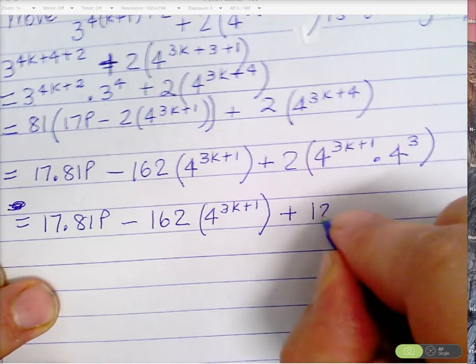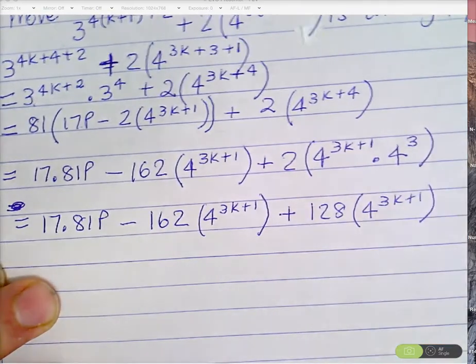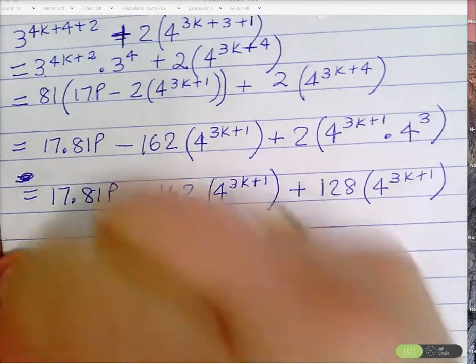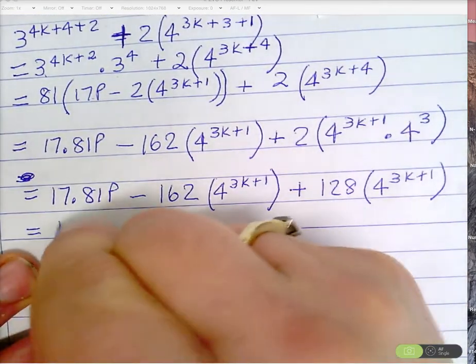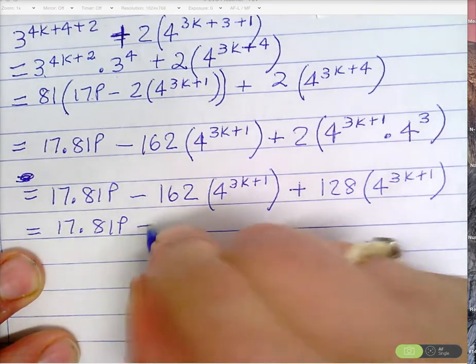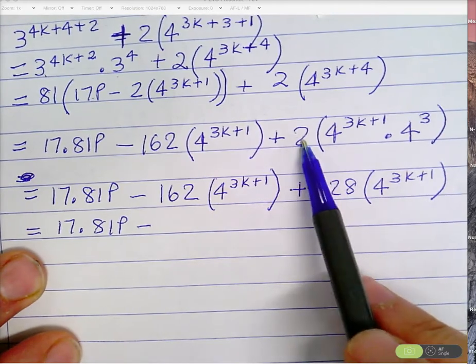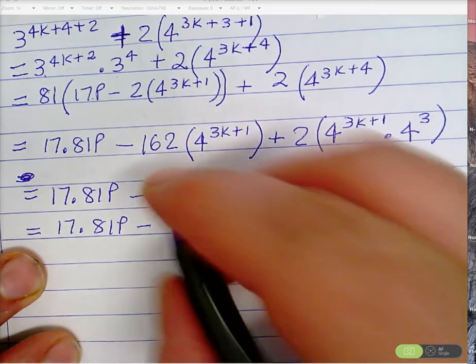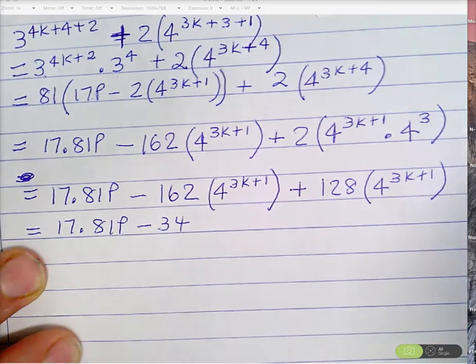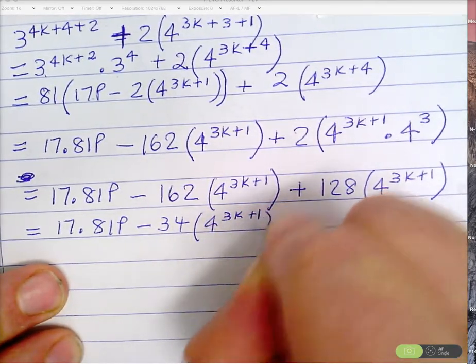It's 128 times 4 to the 3k plus 1. Isn't that looking better? Which is 17 times 81p. Now, minus or plus? We've got two like terms now. Negative 34. Great, because that's 17 times 2. 4 to the 3k plus 1. Close bracket.